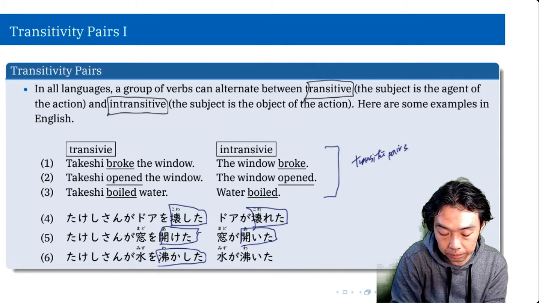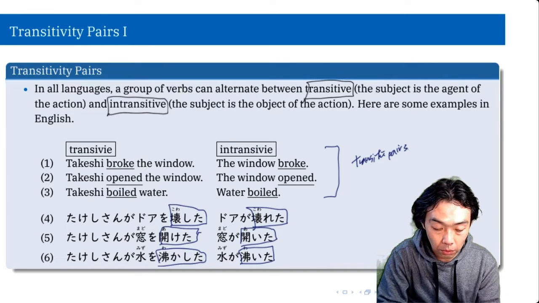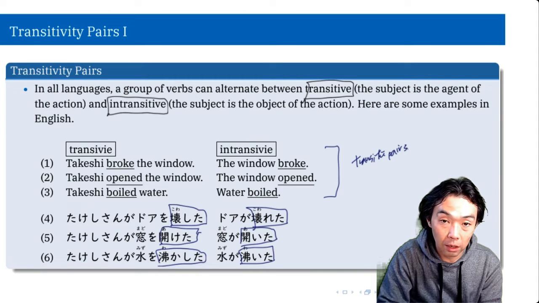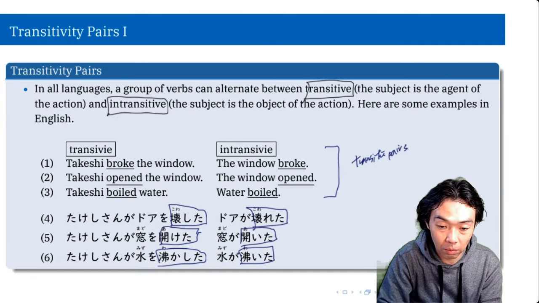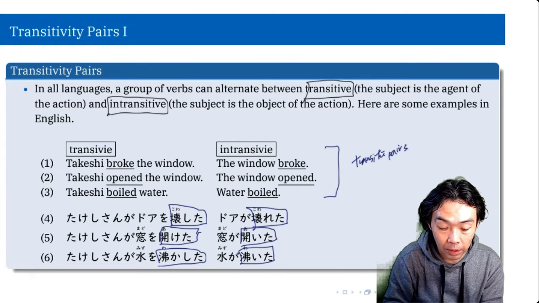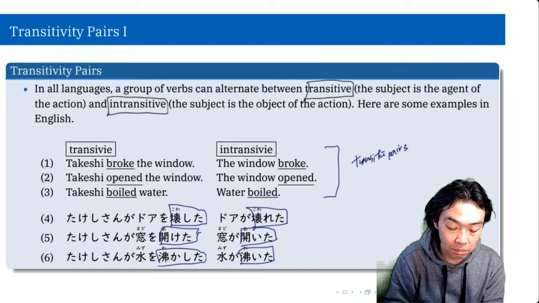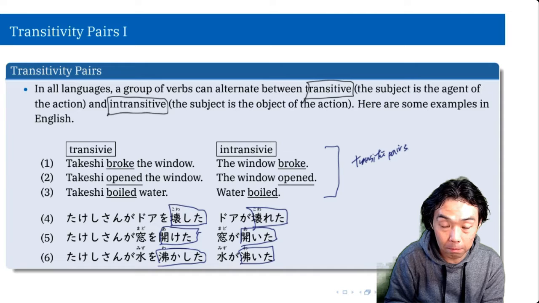Wakasu is to boil, again used as a transitive or intransitive. Okay, so in a way they're exactly the same system, and it's interesting that we use more or less the same kind of verbs. Something indicating change of actions or change of locations tends to have these transitive pairs. So breaking, opening, boiling, in all languages there are transitive pairs, such as in Japanese and English.